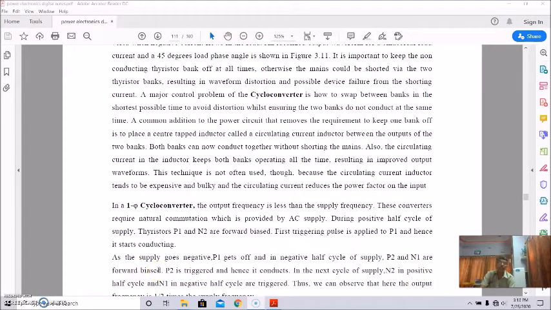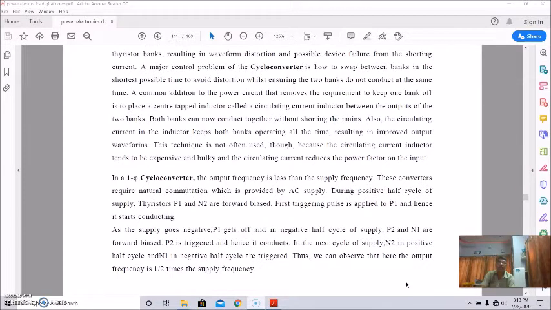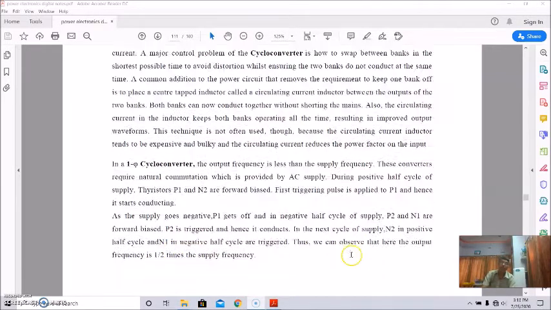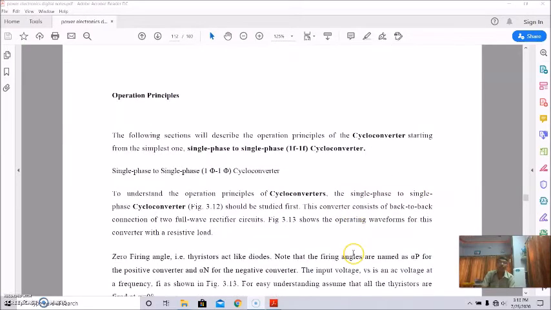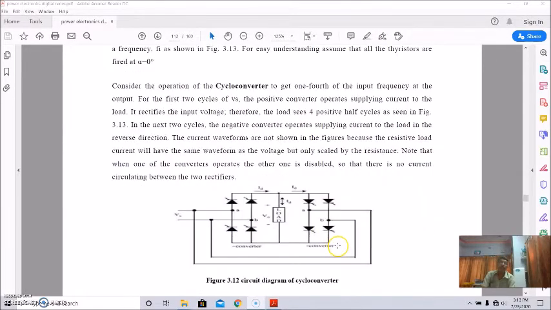As the supply goes negative, P1 turns off, and in the negative half cycle of the supply, P2 and N1 are forward biased. P2 is triggered, hence it conducts. In the next cycle of supply, N2 in the positive half cycle and N1 in the negative half cycle are triggered, because we can observe that here the output frequency is half of the supply frequency. That is shown here.